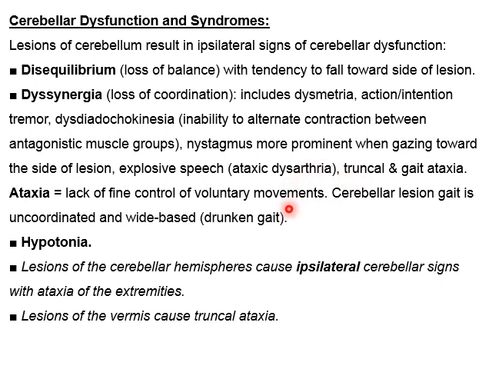The word ataxia means the inability to have a fine control of the voluntary movement. So this is ataxia. When the patient has gait ataxia due to cerebellar lesion, the gait is uncoordinated and wide-based. So the patient will move as if he is having alcoholism.